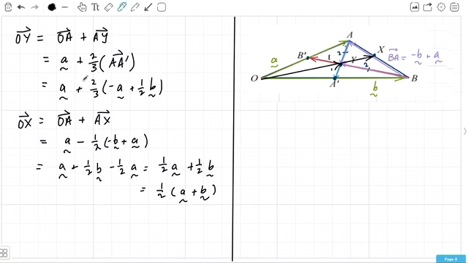And if I also look at O to Y, what I can find with O to Y is, again, expanding this.